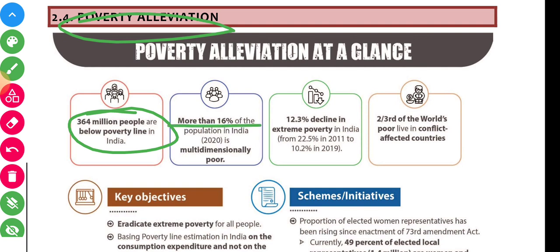More than 16% of the population in India is under the multidimensional poverty index. 12.3% decline in extreme poverty in India, from 22.5% in 2011 to 10.2% in 2019. Two-thirds of the world's poor live in conflict-affected countries like Yemen, Iraq, Syria, and most of the African countries.